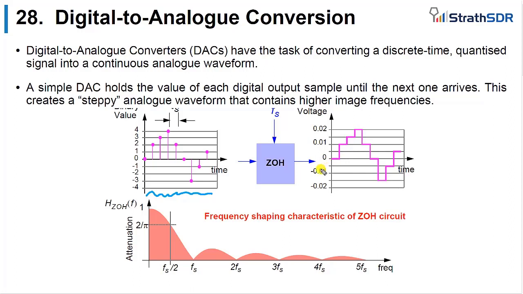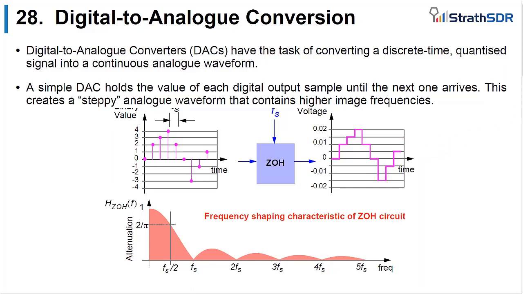For each sample that goes in, we hold the voltage constant for one sample period. The output that comes out probably contains the information of the digital input signal, but we have these steps now, and we recognize that these steps are not part of the original signal.